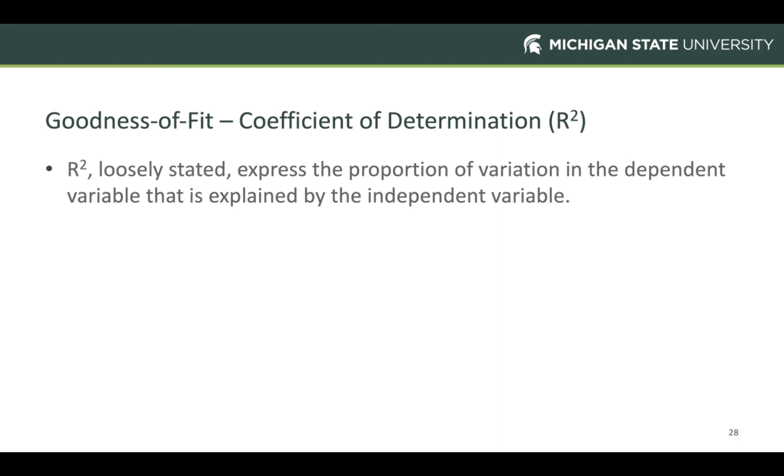but smaller values of R-squared would indicate that we're explaining a lesser amount of that variability, and larger values of R-squared would be indicative of us explaining more of the variability. Now, with that being said, I should note that R-squared is really only useful to us when we're comparing competing models on the same data set.